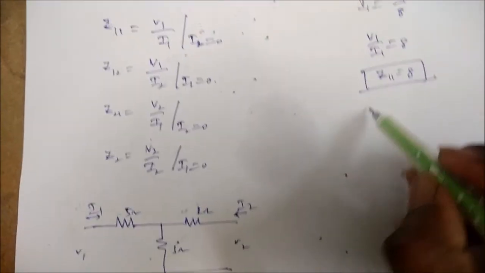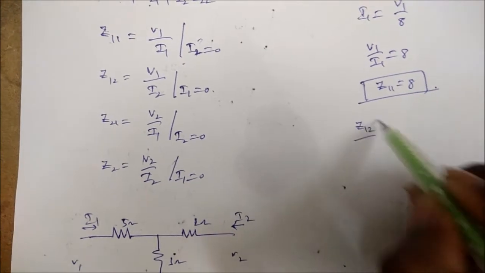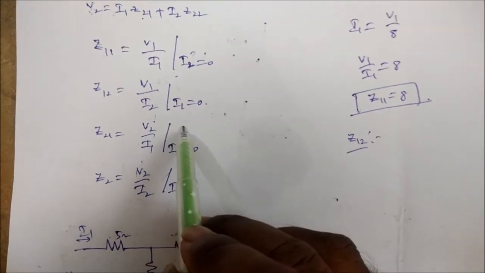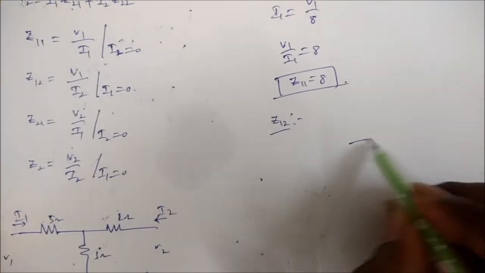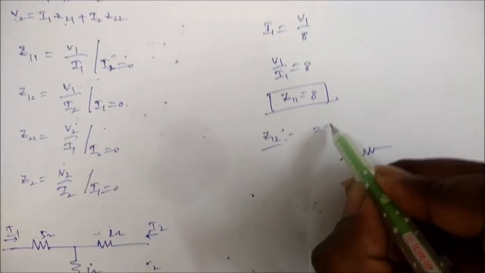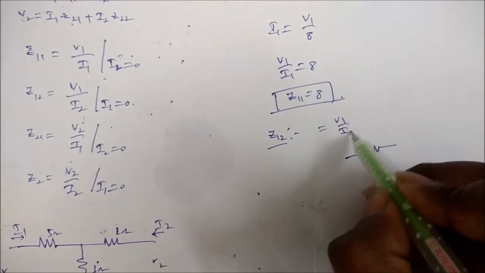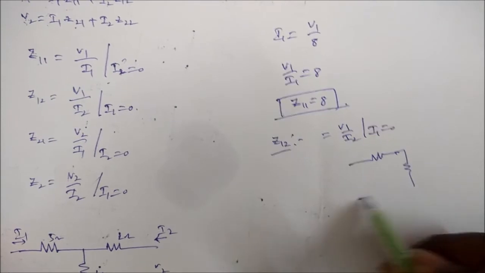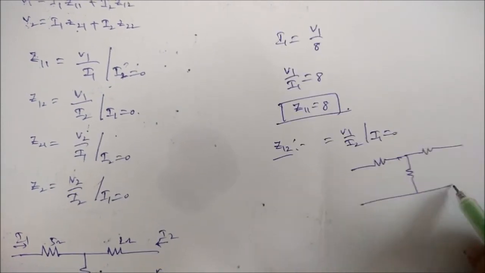Second. So now we need to find out Z12. What is Z12? V1 by I2 at I1 equal to 0. So now we need to make I1 0.